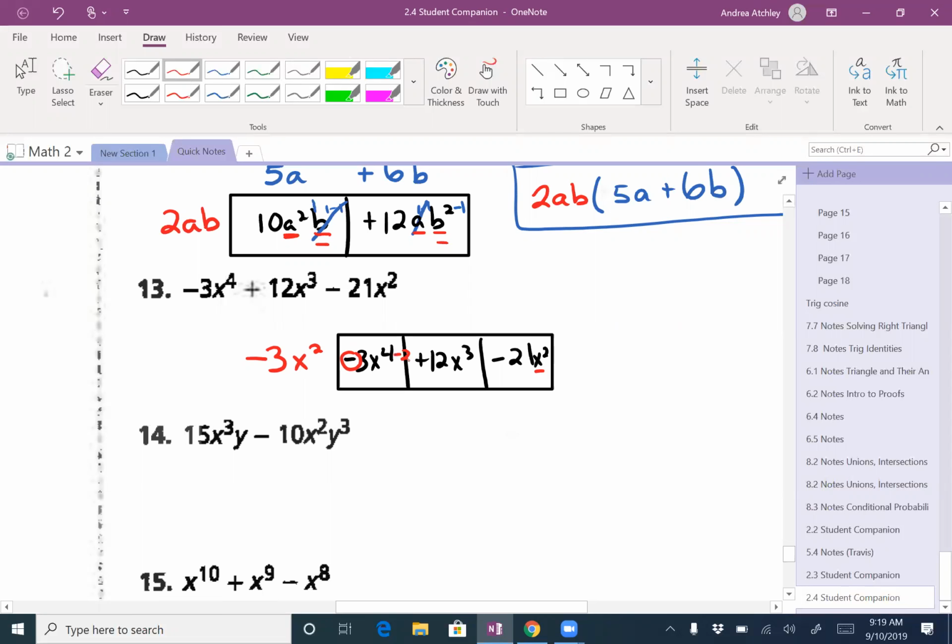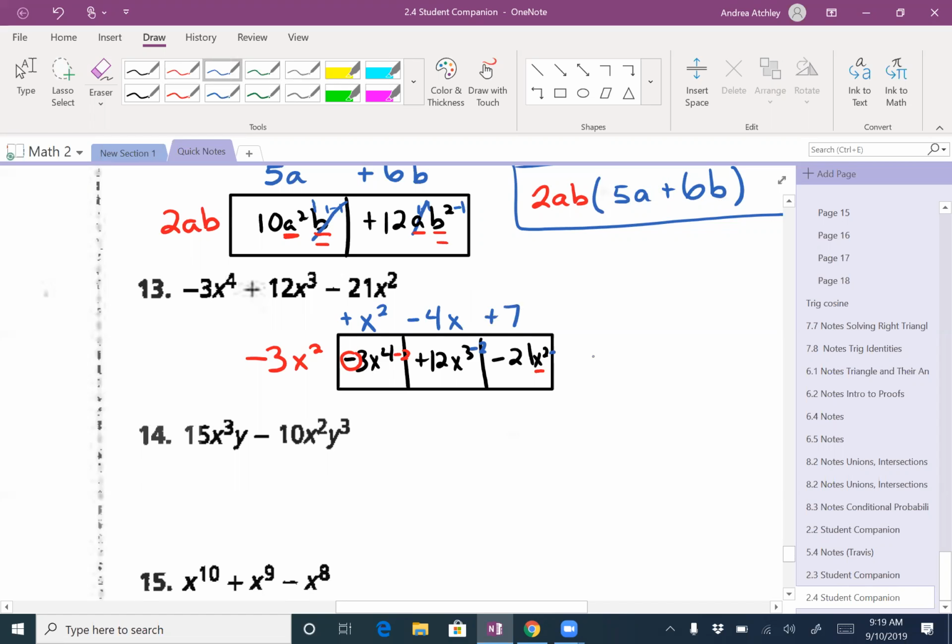We subtract the exponents. We divide. 3 divided by negative 3 becomes a negative 1, and we subtract and we get x squared. 12 divided by negative 3 is a negative 4. I subtract the exponents and I get x to the first. Okay, 21 divided by negative 3 is a positive 7.